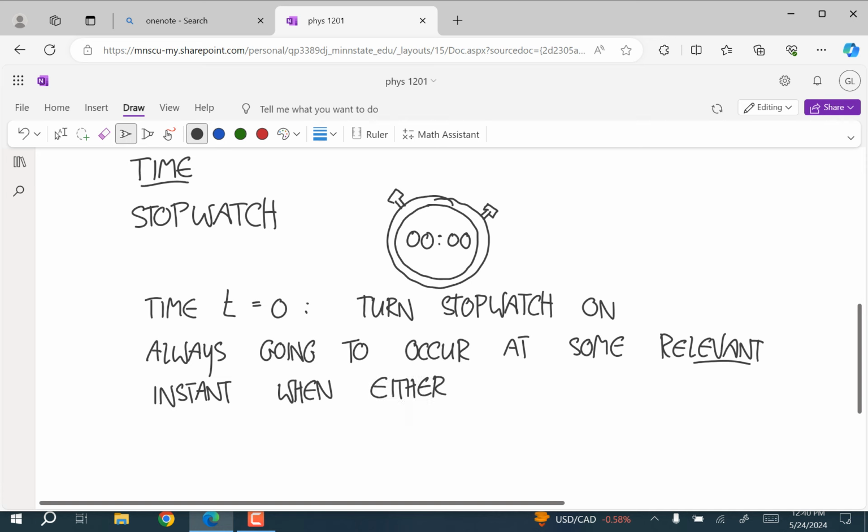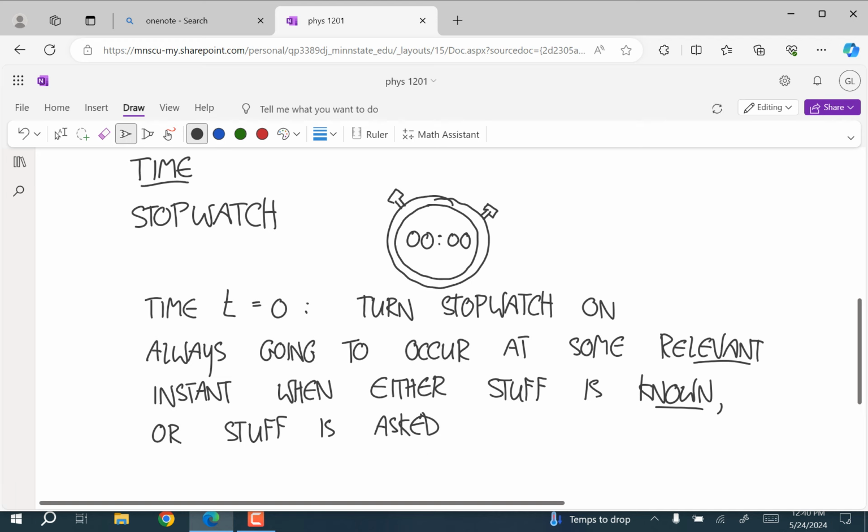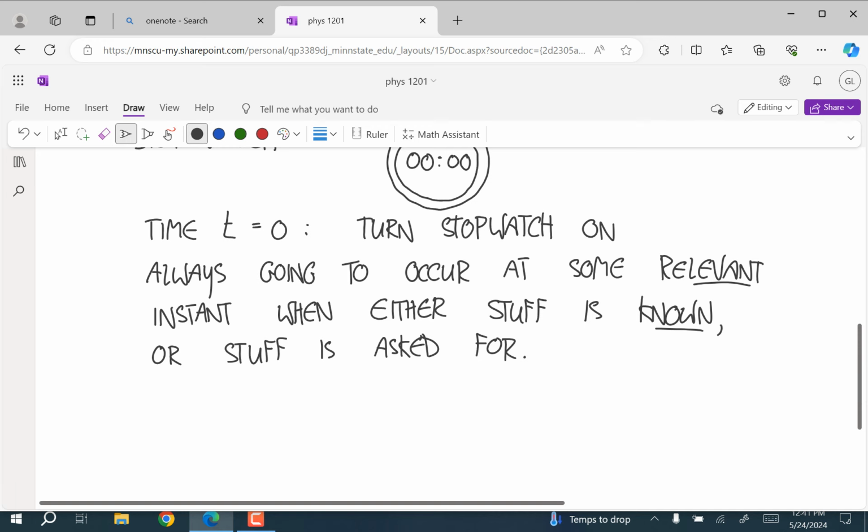You know, we might know the speed and the direction the object's moving at that instant, or we might know that the object's at rest, or it might say that this is the start of the motion. But it's always going to occur at some relevant instant when either stuff is known about the motion, or stuff is asked for. Okay, so it's always going to be at an instant when we either know stuff or we want to know stuff.